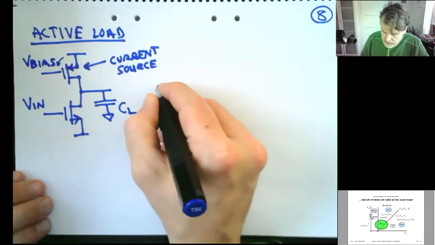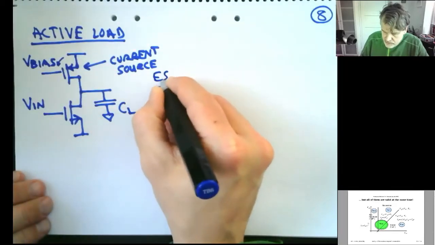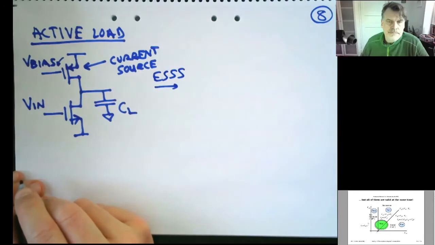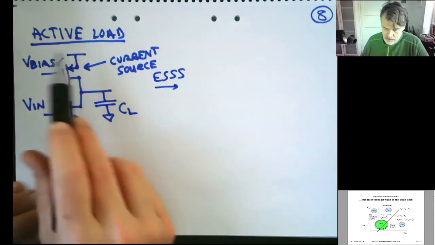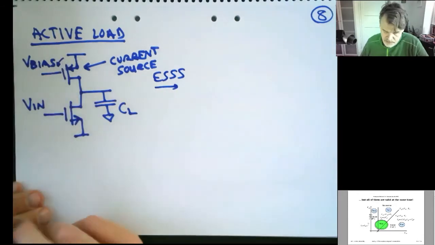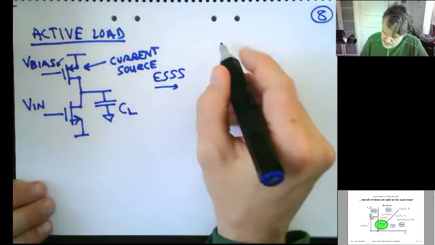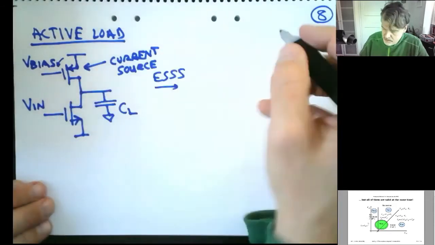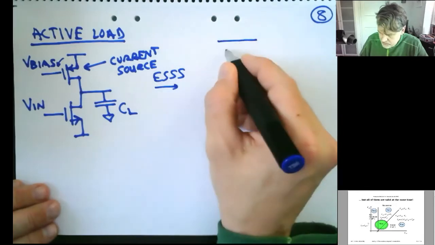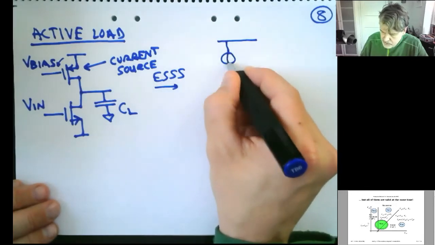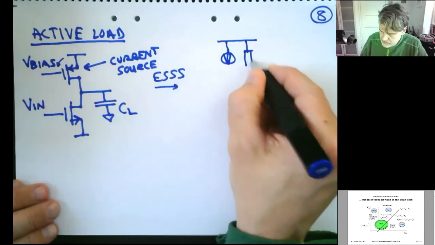So let's do an equivalent small signal schematic of this. And now the nice thing is that the NMOS and PMOS look exactly the same, just with a different reference. So my tip is that you just draw it as they are written.